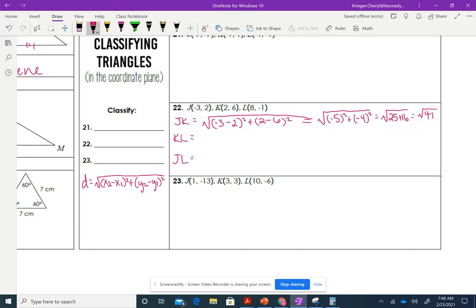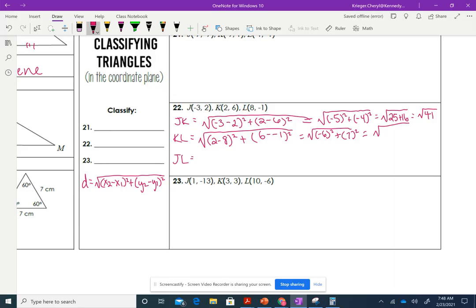Okay, so let's do the same thing with KL. So KL, I'll do 2 minus 8 squared plus 6 minus -1 squared, which is 2 minus 8 is -6 squared. 6 minus -1 is 7 squared.